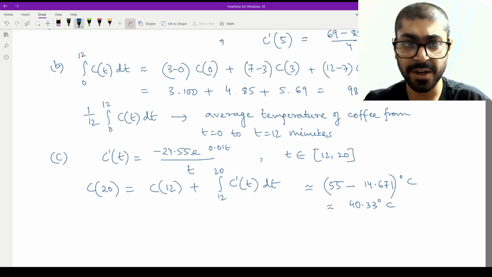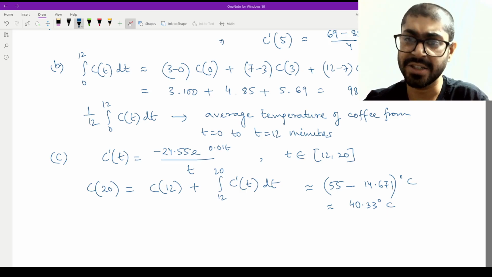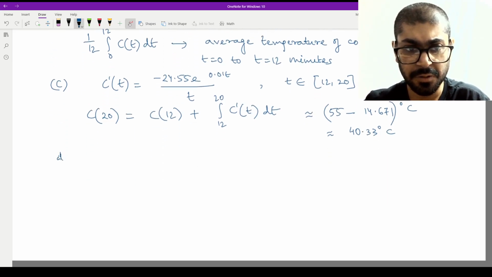We will go for the last subpart. The last subpart says, for the model defined in part C, it can be shown that C double dash t, the second derivative, is given. They have already done it for us, so no headache here.